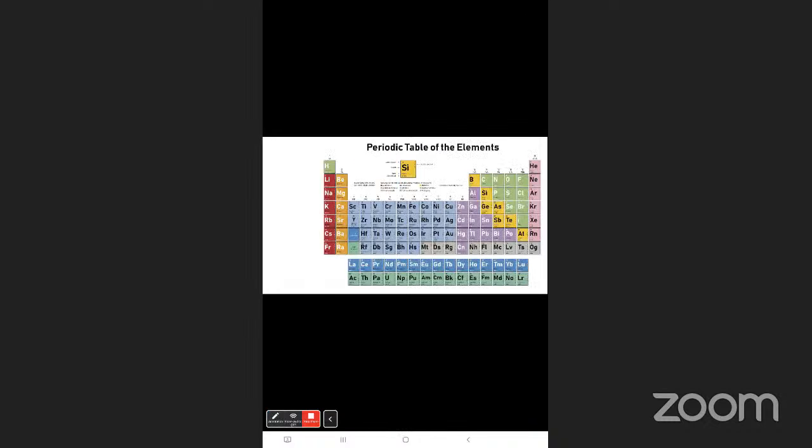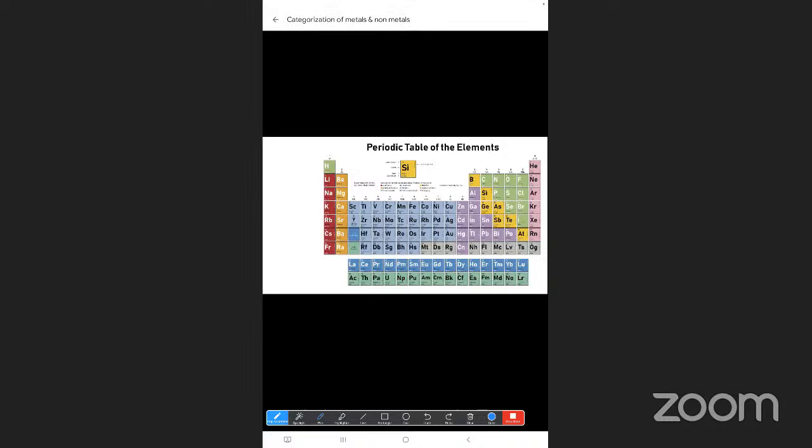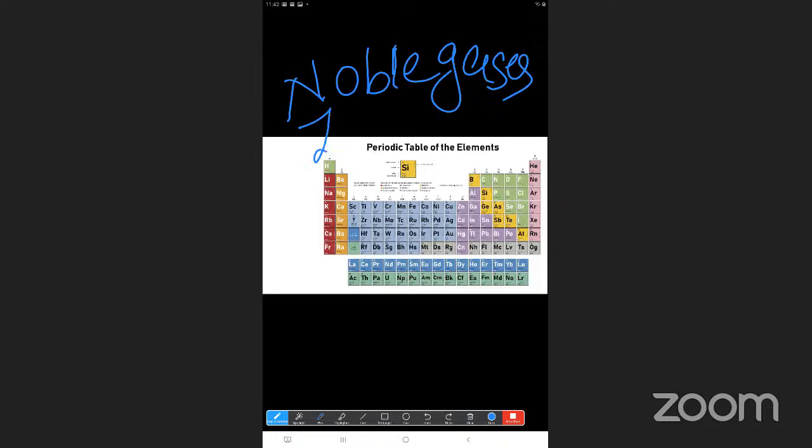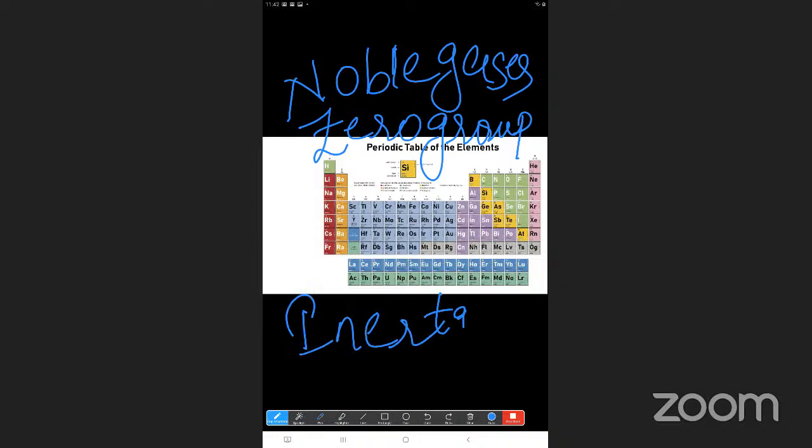So here, finally, we have 8A group elements. 8A group elements are also called noble gases, zero group elements, and inert gases.